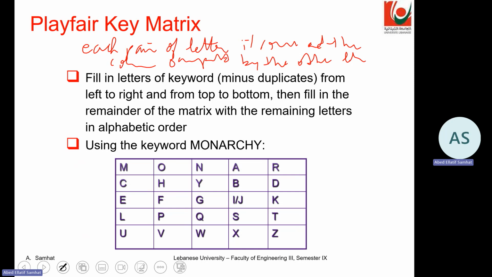For example, let's say I want to encrypt HS. This is the plain text HS. How to encrypt HS?